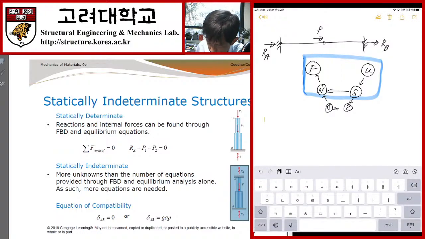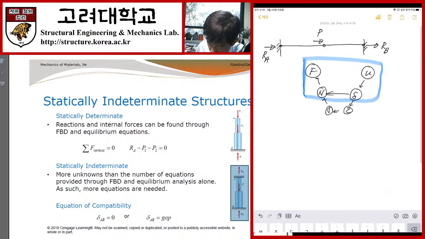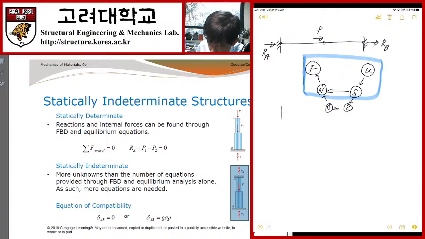Okay, so first we have to define a coordinate system. This is my coordinate system, and then we have to define a suitable or compatible displacement field. That's what we have to do. This is my coordinate axis, and this is my displacement.